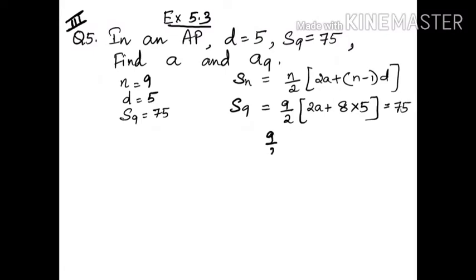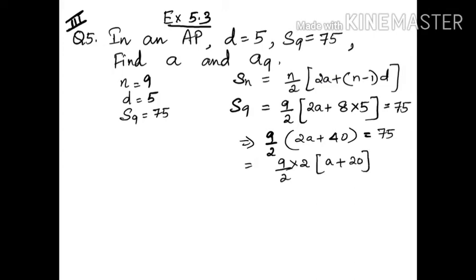So 9 upon 2 into (2a plus 40) is equal to 75. We can take 2 common from the bracket, so we get 9 times (a plus 20) equal to 75.